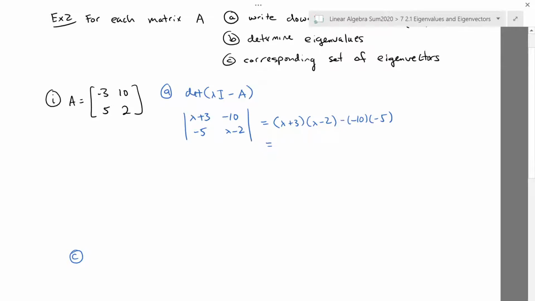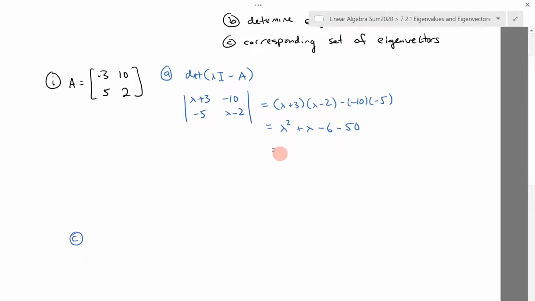Foiling: lambda squared plus 3 lambda minus 2 lambda is plus lambda, minus 6, and then this becomes a minus 50. So this is equal to lambda squared plus lambda minus 56.